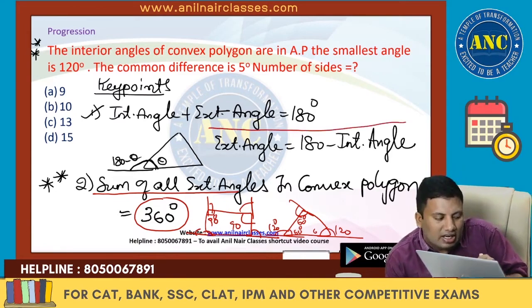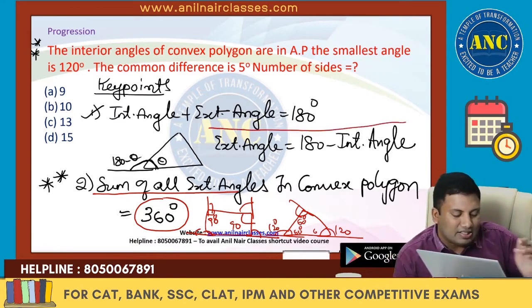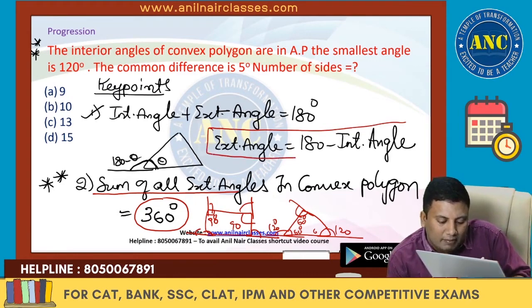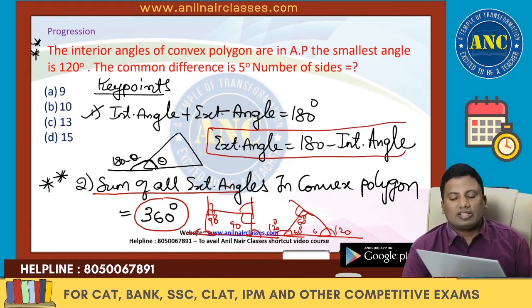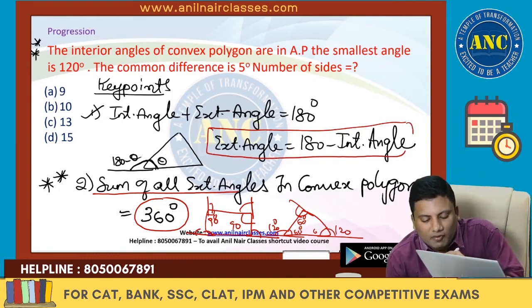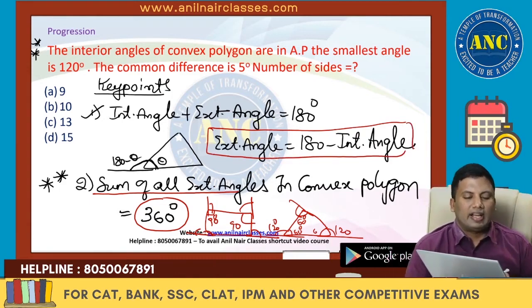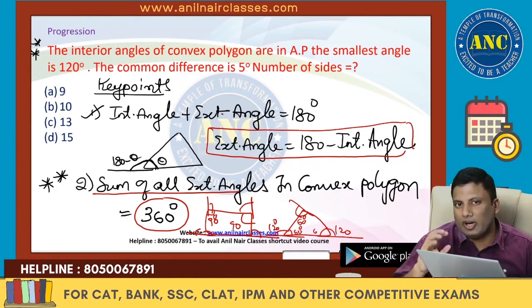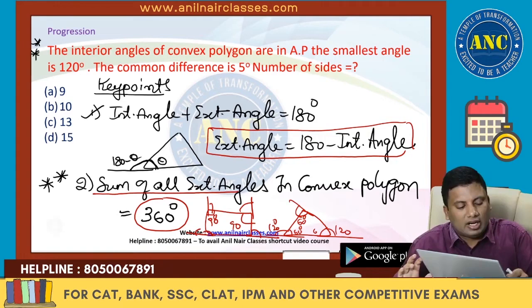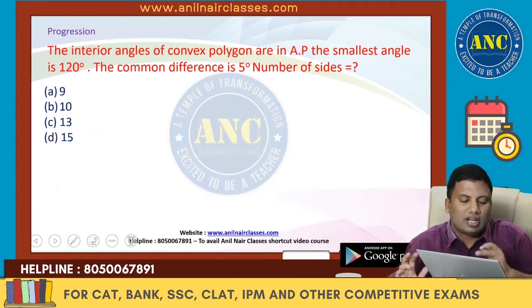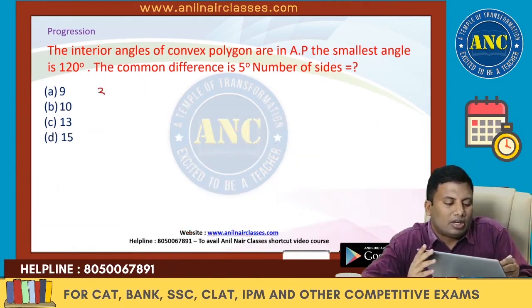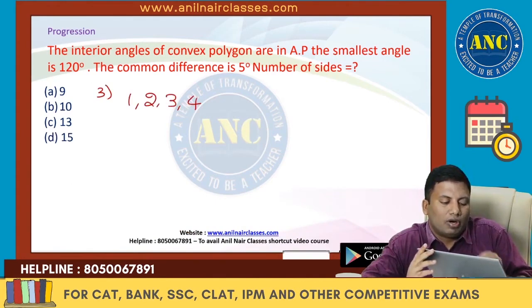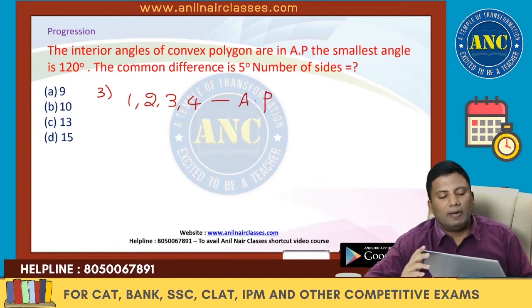Exterior angle is nothing but 180 minus interior angle. Once you understand these key points, then the problem will be very logical. You can avoid a lot of these things. Suppose I see 1, 2, 3, 4, the difference is constant, the series is in AP.